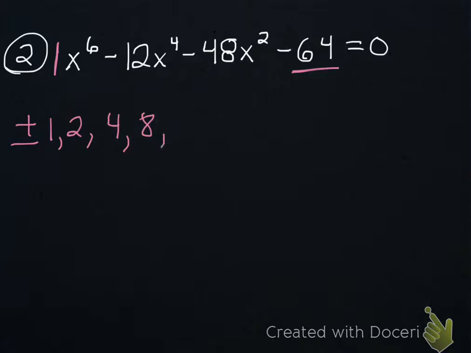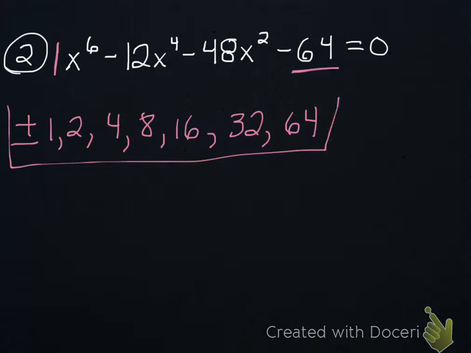Well, that's 8 times 8, right? 16, which was multiplied by 4. 32, which was multiplied by the 2, and then 64. Since the leading coefficient is 1, we're not going to have a second set. These are all of the possible roots that we could look for.